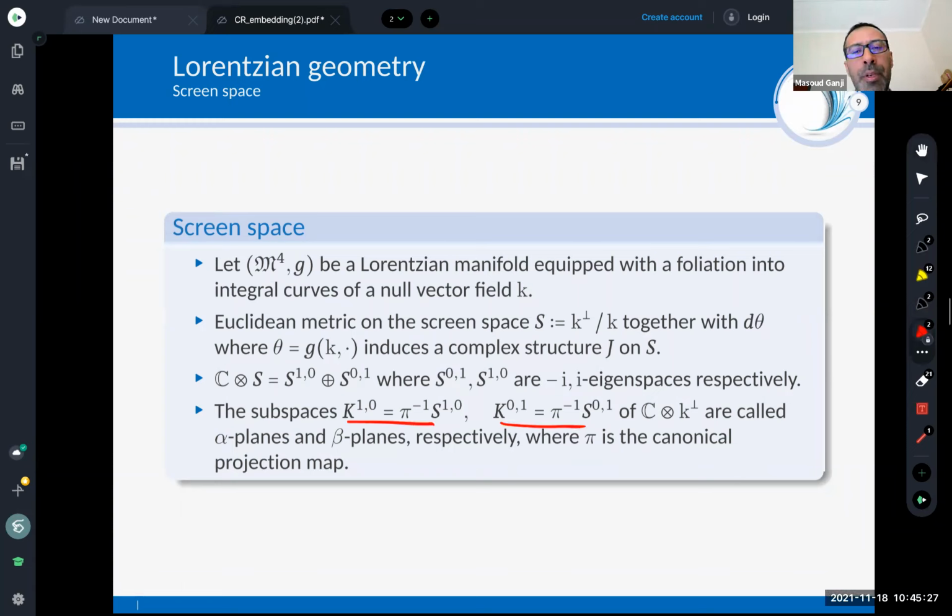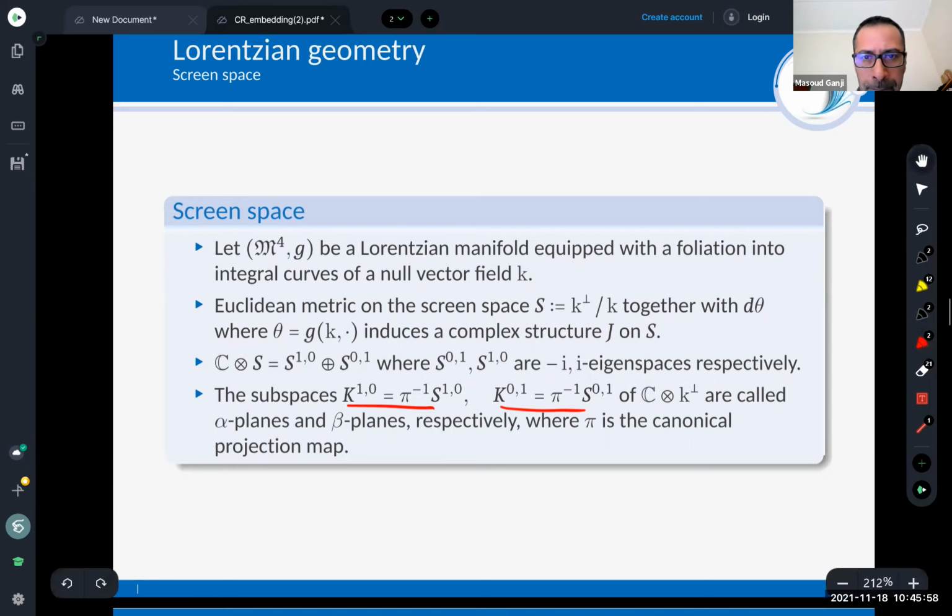These have a geometric meaning that does not depend on the frame. Sometimes we work with alpha planes, sometimes with beta planes, but they actually behave similarly. I think we had a long discussion about alpha planes and beta planes with you, Adam, a long time ago.